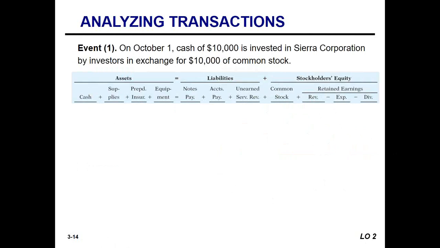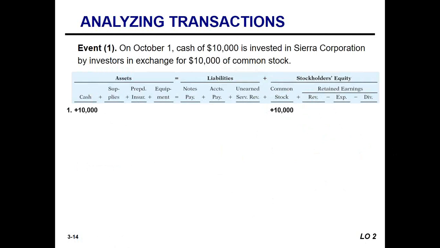So on our spreadsheet, we received cash, so that's going to increase our cash. And we got the cash because people bought stock. So our spreadsheet will look like this. Cash is increased and our stock is increased. Well, they're both pluses.